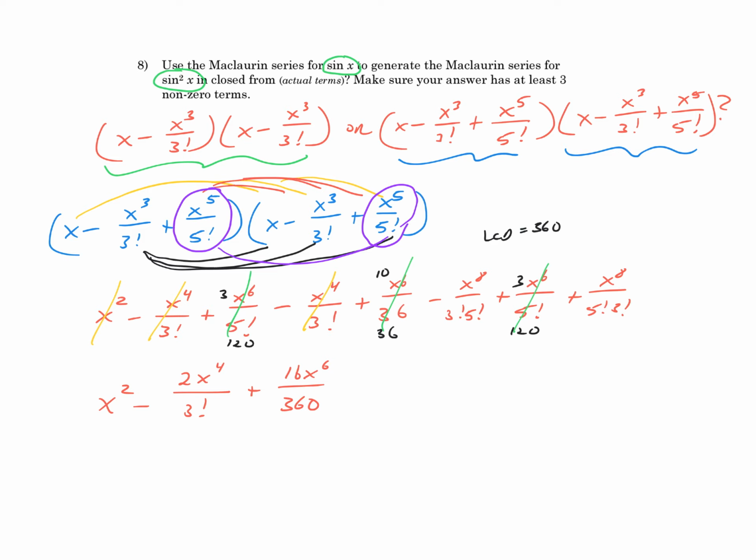And then we should clean that up just to make sure, equals x squared, can't do anything with that, minus 3 factorial, that's equal to 6, so I should get x to the fourth over 3, and then 16, 360, what's common to both of those would be 8, so plus 2x to the sixth over 45, and I'm calling that done. All right, happy face.